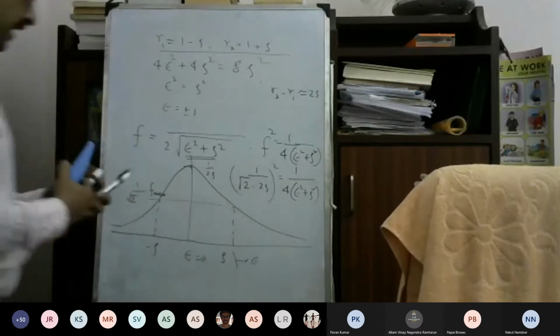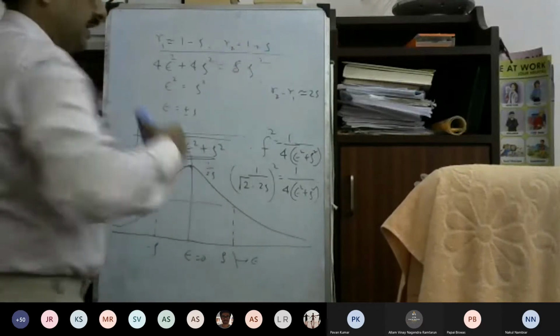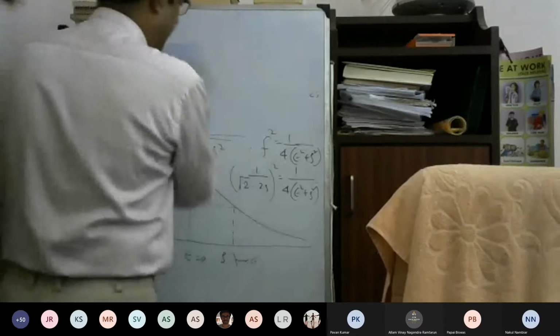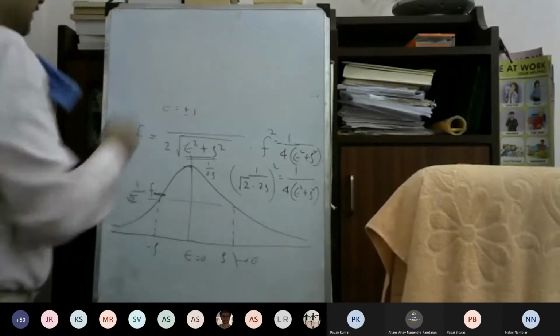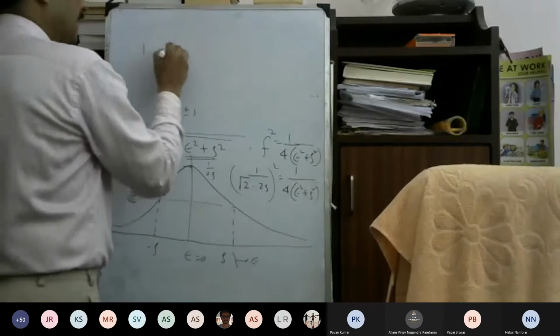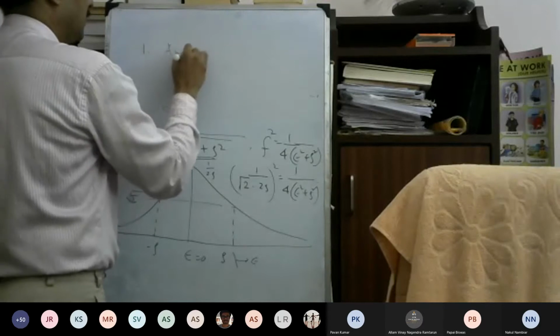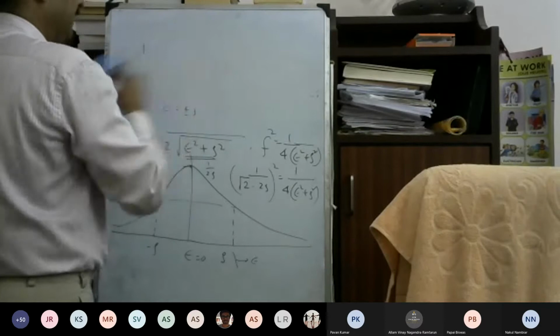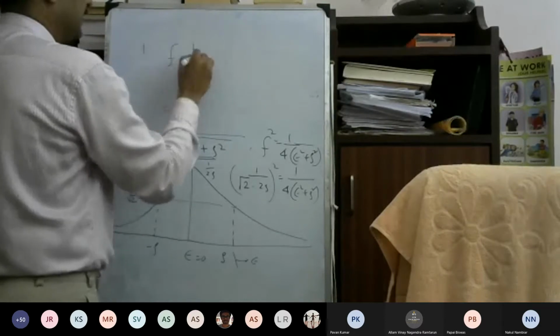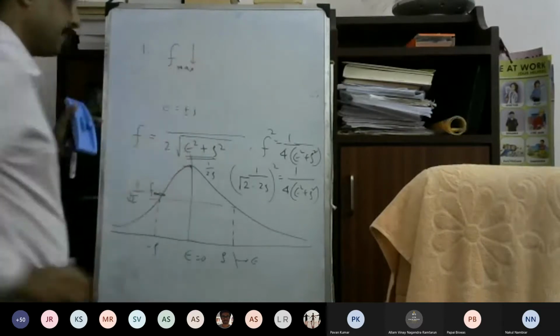So now you see one thing, whenever we are increasing damping, what are the effects? With increasing damping, first of all is the amplitude: f actually decreases, f max decreases.